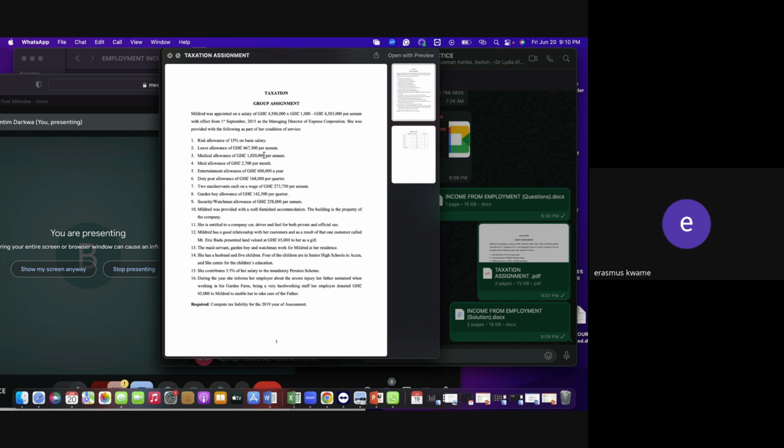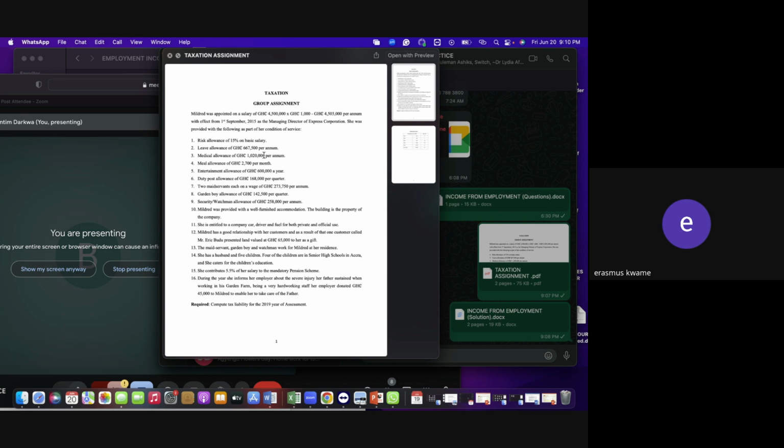Mildred was appointed on a salary of 4,500,000 Ghana cedis by 1,000 Ghana cedis to 4,503,000 per annum with effect from 1st September 2015 as the managing director of Express Corporation.